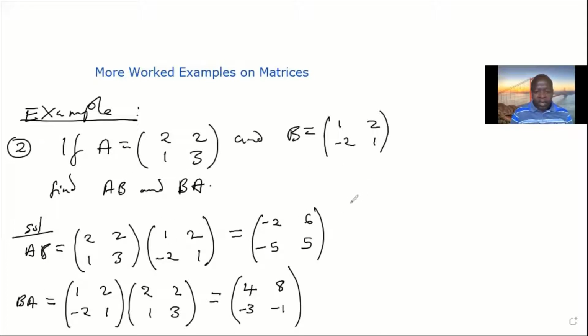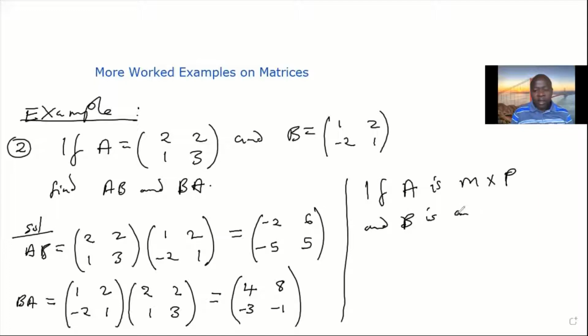And of course, I just want to remind you of what I said last time. If A is an M by P matrix and B is a P by N matrix, then we can multiply these matrices, because you can see the columns here are the same as the rows here.